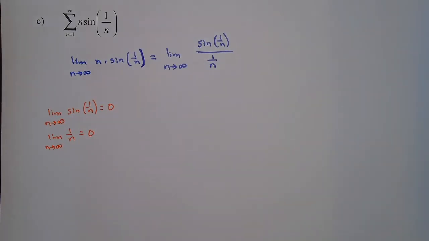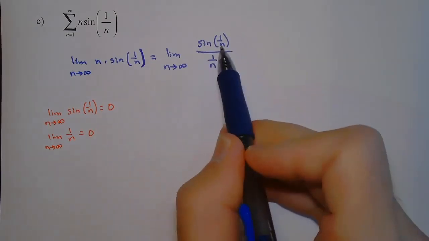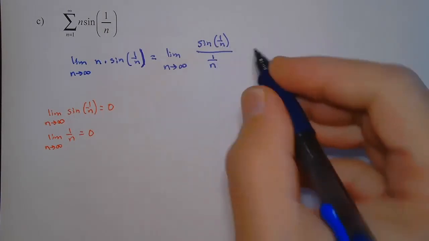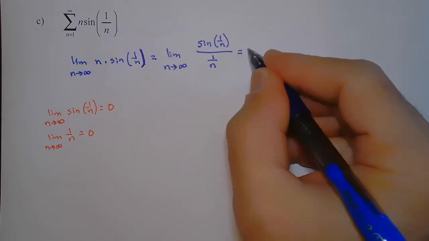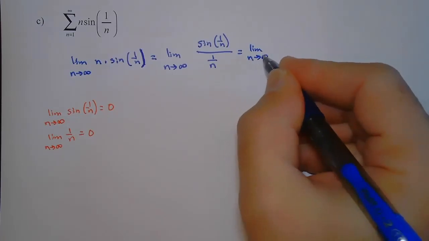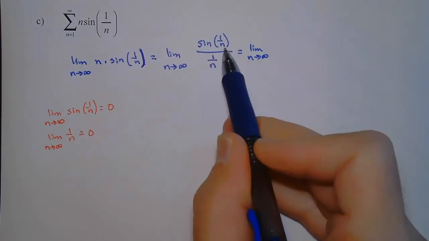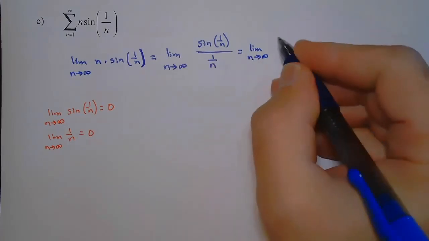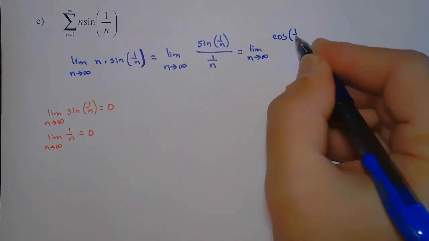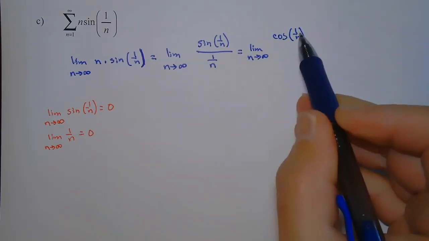So L'Hopital's rule says let's take the derivative of the sine of 1 over n. Remember, 1 over n is really n to the negative 1. So this becomes the limit as n goes to infinity of the derivative of sine of 1 over n, which is cosine of 1 over n times the derivative of 1 over n.